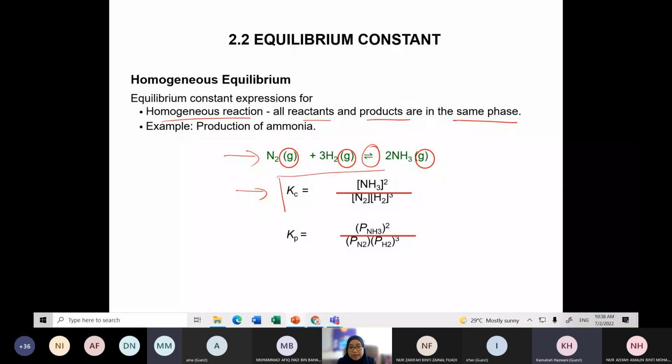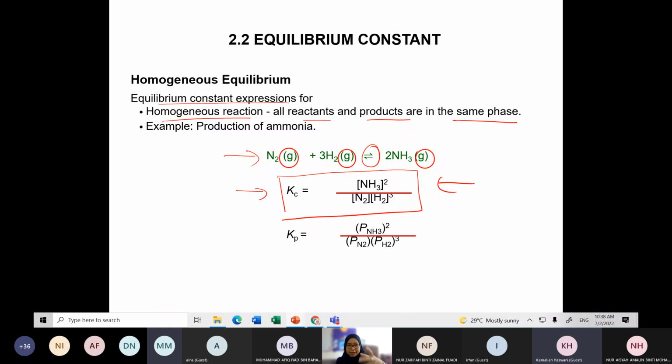Usually the question will ask you to write the Kc expression, the equilibrium constant expression. Before you can calculate the value for Kc, you must be able to write the expression for Kc. How do you express the Kc?